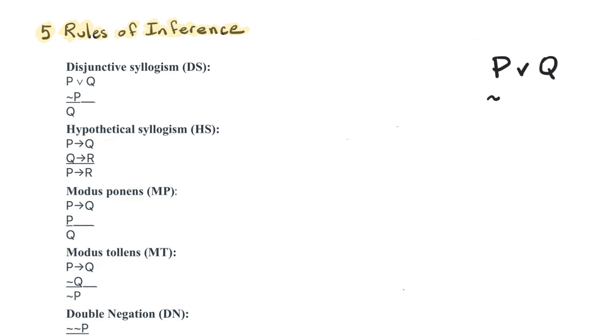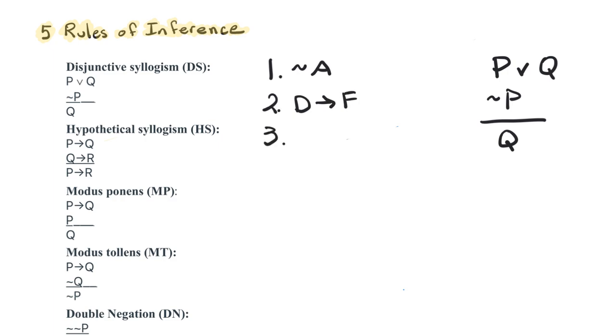P or Q, it's not the case P, therefore Q. But if faced with a derivation question, such as this, and you were being asked, given lines 1 through 3, that is, given premises 1 through 3, what can be derived from those? We're used to thinking of the disjunctive syllogism in this form, but remember, this form can appear in a lot of different ways.